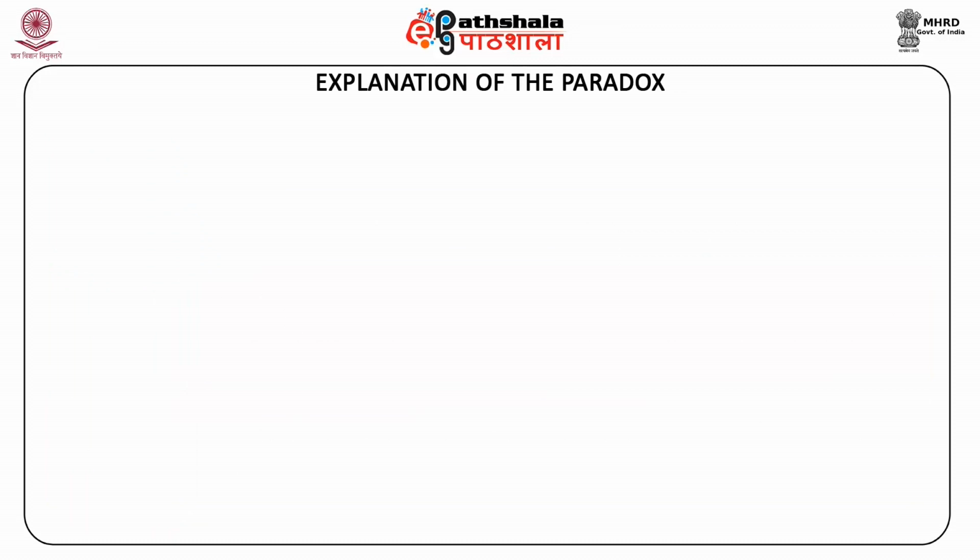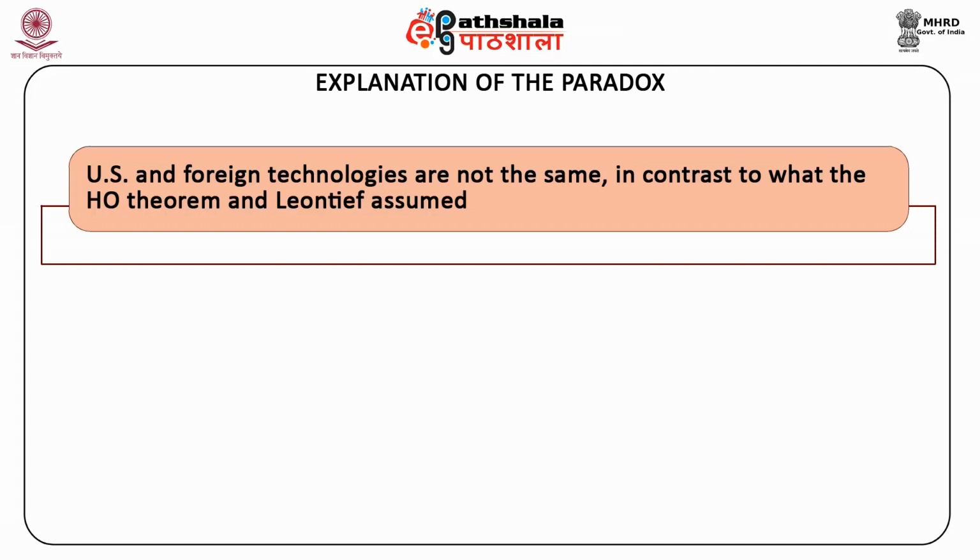Now we will discuss the explanation of the paradox. There are many possible explanations given for the Leontief paradox, which raises the question: is the paradox real? The possible sources of the Leontief paradox bias could be the following. US and foreign technologies are not the same, in contrast to what the HO theorem and Leontief assumed.